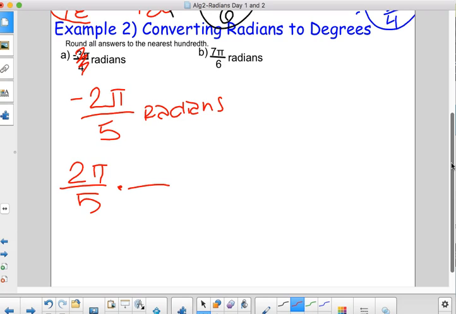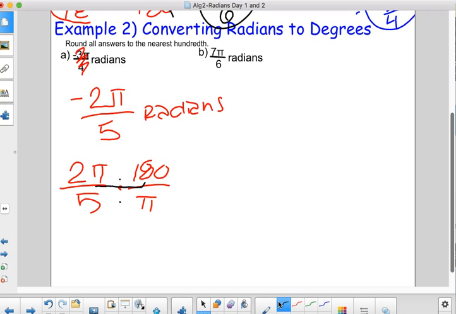The thing that's different, now I want to end in degrees. So what's going to go on top if you want to end in degrees? 180. I think these ones are easier, and in reality, going this way is going to be more important for us. When you multiply straight across, you can just think of this as one big fraction problem. You have a pi on top and a pi on bottom.